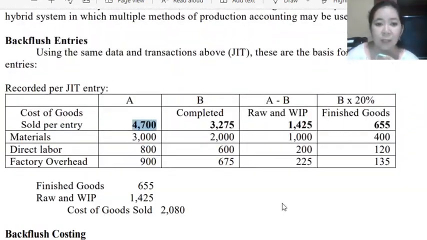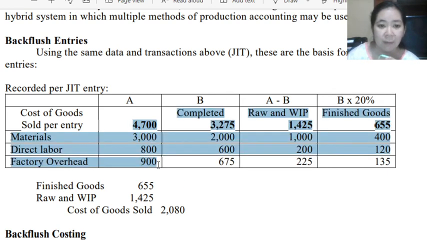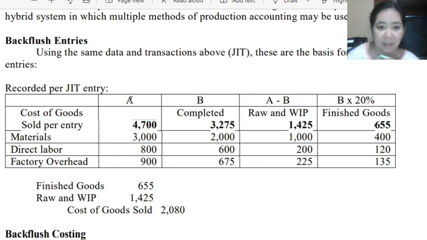If we look into this table, in our just in time, we refer to this column here, letter A. So 4,700 is our debit for cost of goods sold. For our raw and work in process, that's 3,000.